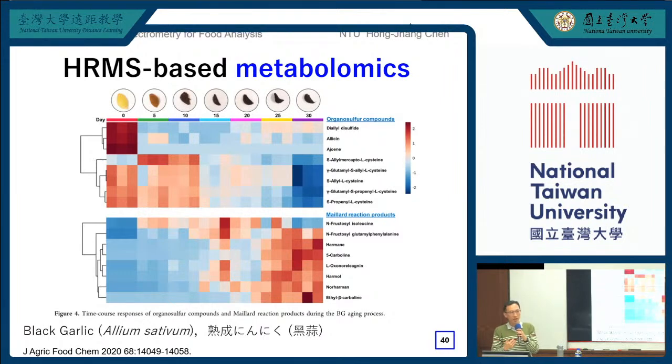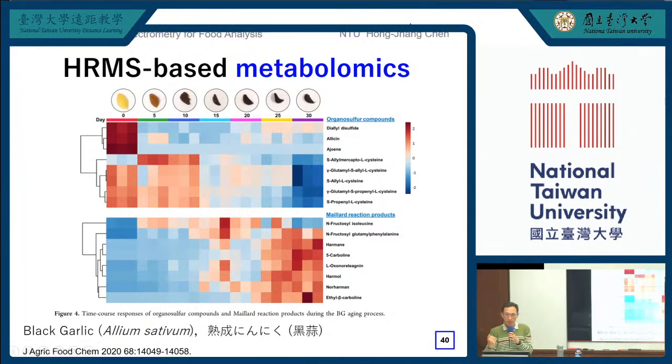The boss told me, no, at 10 days, the taste is not good. For the food industry, the taste is more important than that. So they told me, no, we need 30 days.